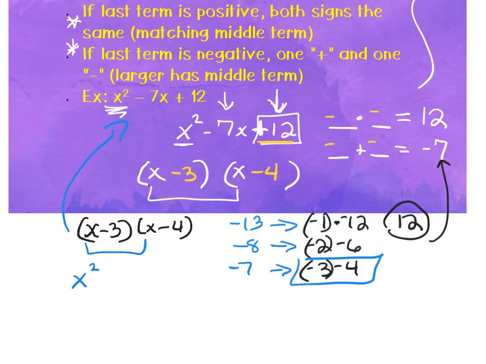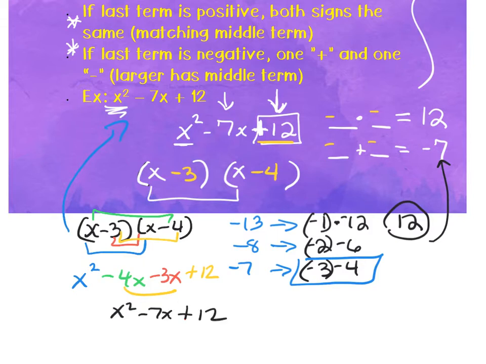So x times x is x squared. Outside gives me negative 4x. Inside gives me negative 3x. And last gives me positive 12. You add the middle, and you indeed get x squared minus 7x plus 12.